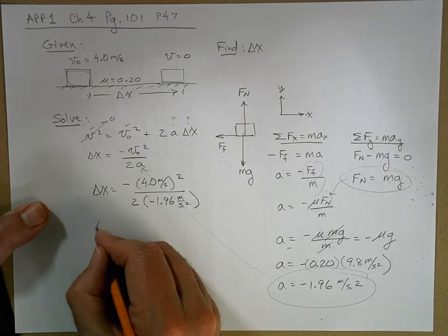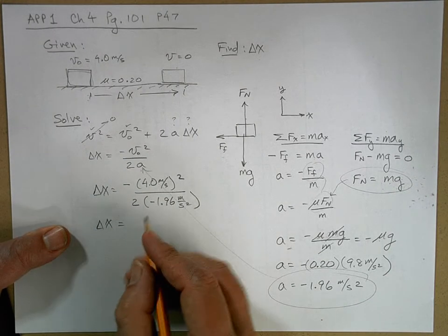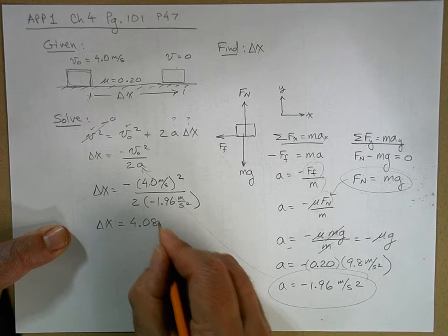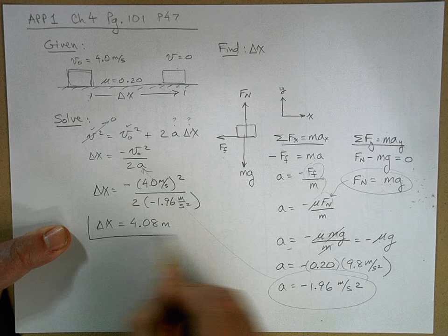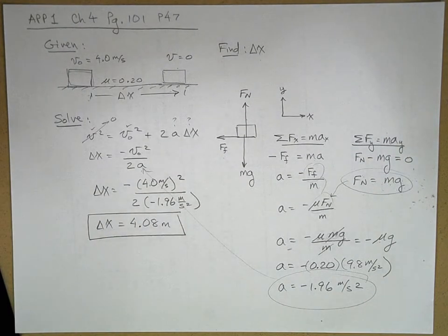And so our delta x should be equal to 4.08 meters, or 4.1, depending on how you want to round it off. Let's check the answer in the back of the book.